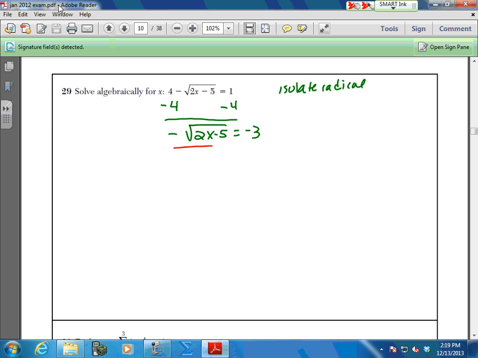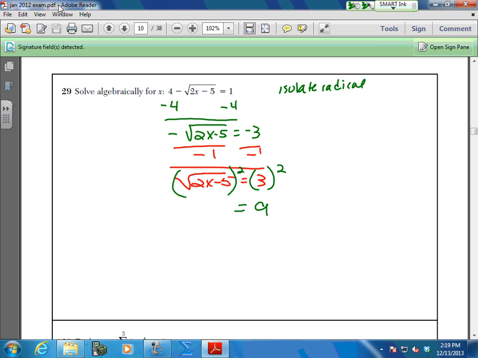And you're going to get rid of that negative, divide both sides by -1. Once your absolute value is isolated, square both sides. Remember to square both because this is an equation.